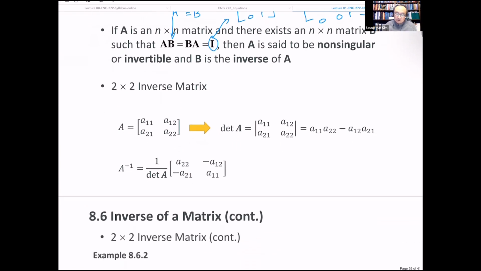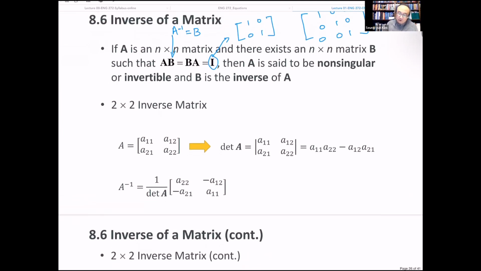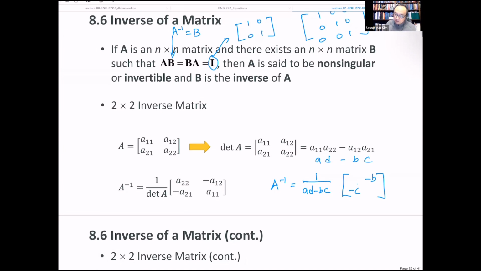And if it is 2 by 2, how do you find the inverse matrix? We need to find the determinant first, which is AD minus BC, and then the inverse matrix equals 1 over AD minus BC, which is 1 over the determinant, and then we change the signs and the positions on the diagonal.